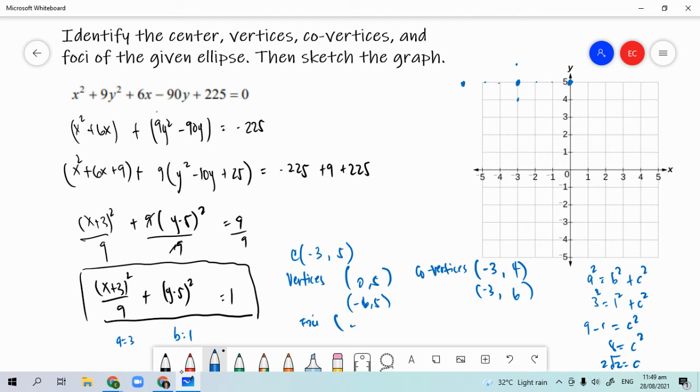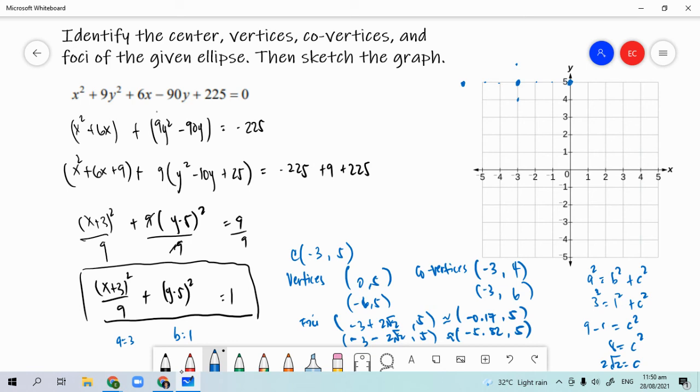So that's negative 3 plus 2 square root of 2, 5, and negative 3 minus 2 square root of 2, 5, which is equivalent to, negative 3 plus 2 square root of 2 is approximately negative 0.17, and negative 3 minus 2 square root of 2 is negative 5.82.